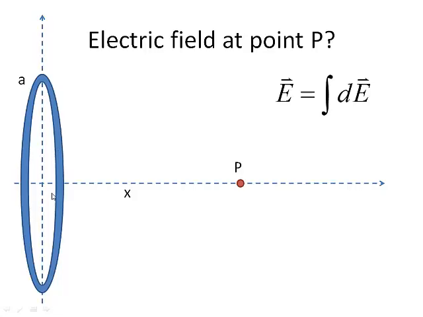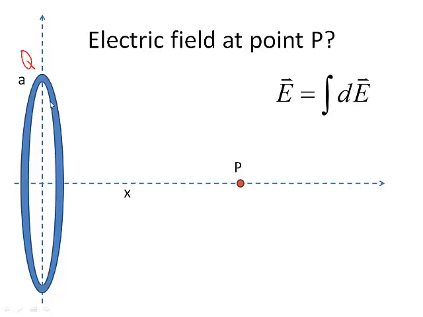There's a ring here, maybe it's a conducting ring, a metal ring, that has a total charge Q on the ring. The radius of the ring is equal to A. And this is a perfectly circular ring. It doesn't look circular in this picture, but you imagine that part of the ring is coming out of your screen and the other half of the ring is going behind your screen.